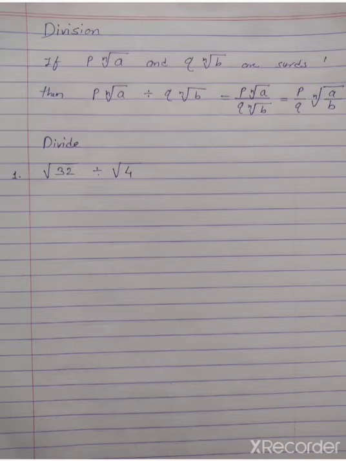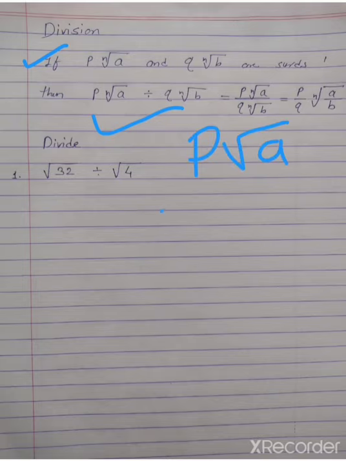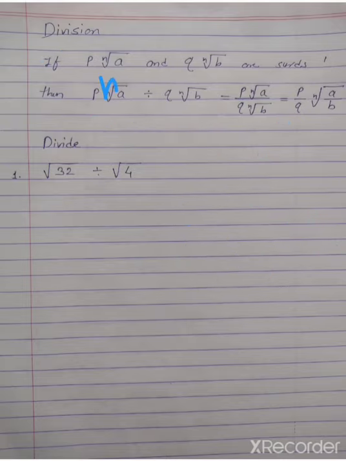Here again these are any two surds. They may be like or unlike. Then their division can be written in numerator and denominator form. Again the compulsion is that the order of the surds has to be the same.